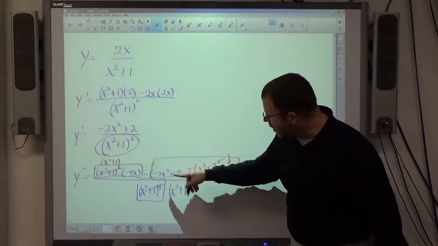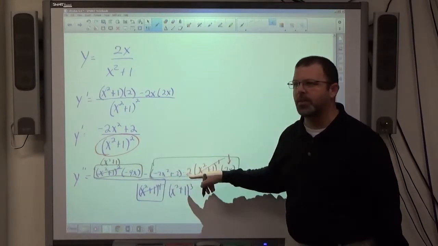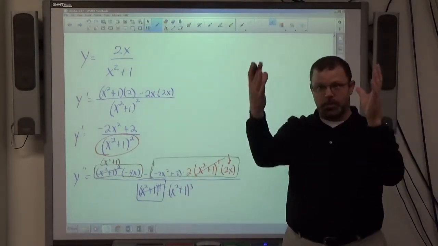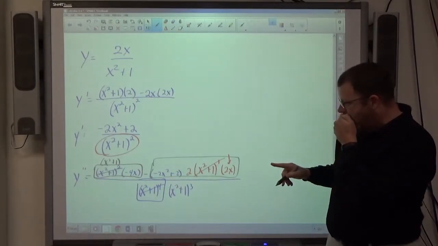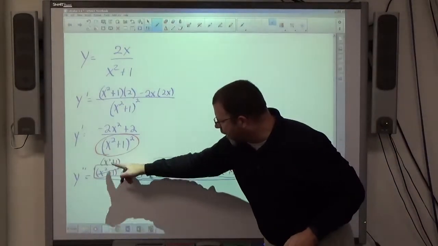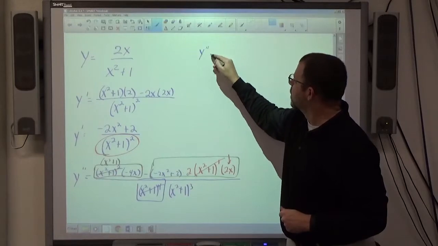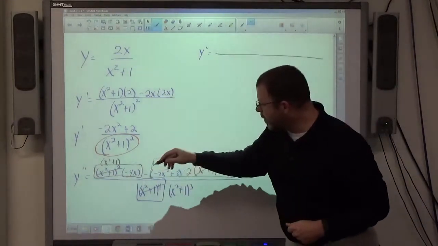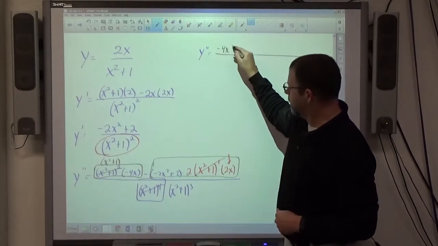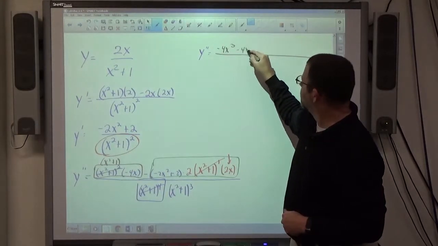The other place I've seen mistakes happening quite often, there's no parentheses around this term. The high is a binomial, parentheses around it. So what's happening up here? Negative 4x times x squared plus 1, the black part, is going to be negative 4x cubed minus 4x.